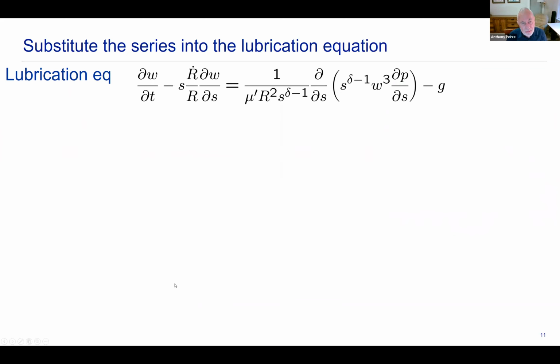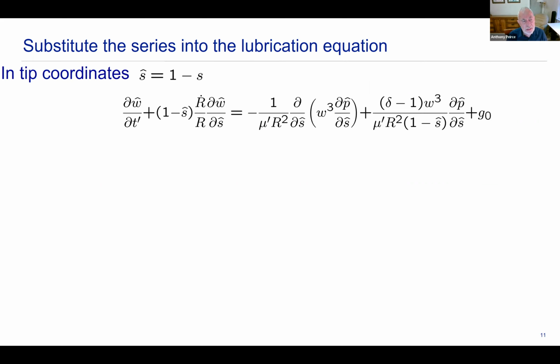Now we go back to the lubrication equation. Okay, and we're going to plug that series solution back into the equation. But now we need the equation written in tip coordinates. So we use S hat equals 1 minus S, and the equation boils down like this. So I've expanded these two terms for the pressure. I've differentiated with respect to S. And anyway, this term actually ends up being subdominant to this one.